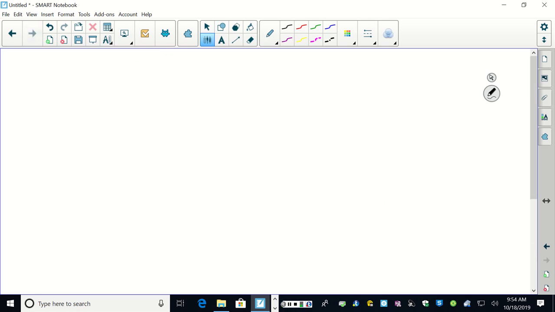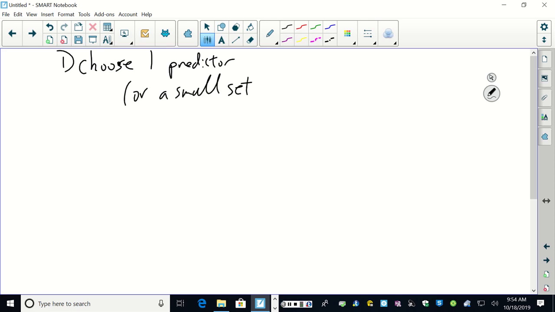So you can choose one predictor, or a small set of predictors from a big set, so that you eliminate a lot of the redundancy.